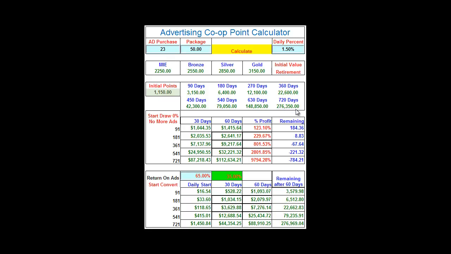This means we can take out $44,354.25 a month indefinitely because our constant active advertising is slightly growing at 276,969.04 points.